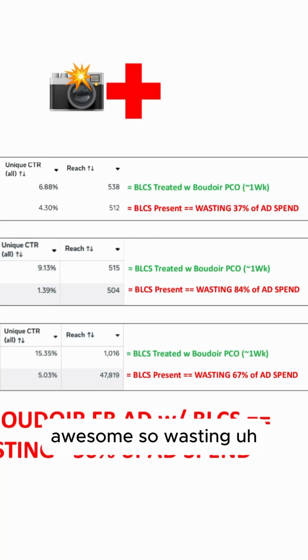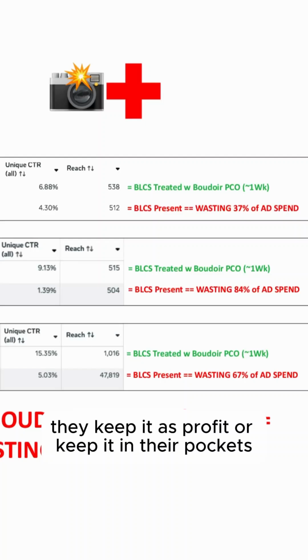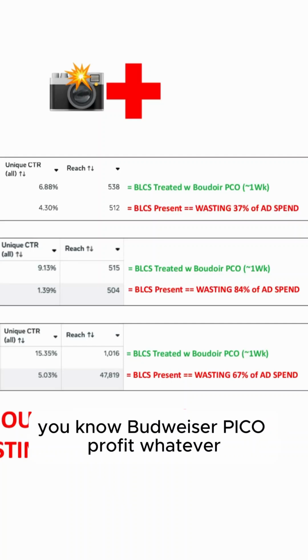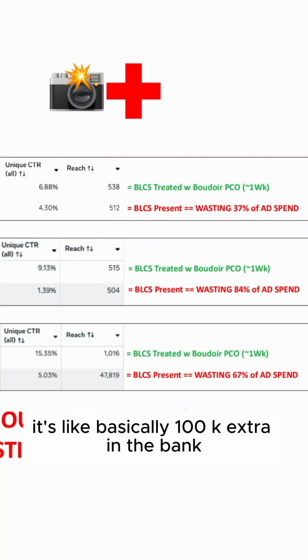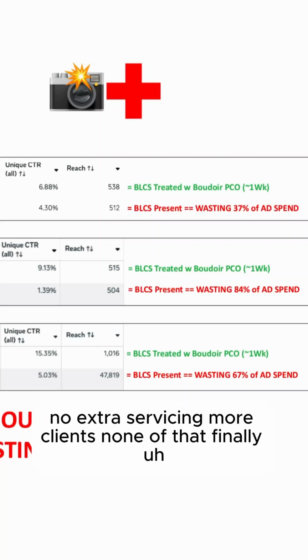Awesome. So that $8,400 a month difference that they no longer have to spend, they keep it as profit, or keep it in their pockets every single month. Basically, a phantom profit, Boudoir Pico profit, whatever. And at the end of 12 months, it's basically 100K extra in the bank. No extra work, no extra effort, no extra servicing more clients, none of that.